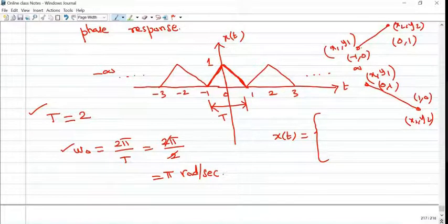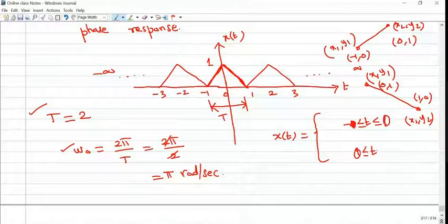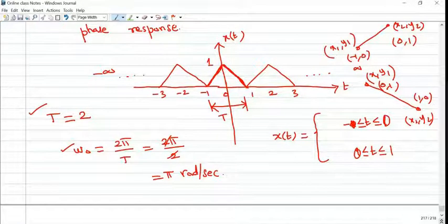So for each slope, we have to write one x of t, for t between minus 1 to 0, and for t between 0 to 1. With the help of that formula, y minus y1 by y2 minus y1 equal to x minus x1 divided by x2 minus x1, calculate your x of t expression for the minus 1 to 0 interval and the 0 to 1 interval.